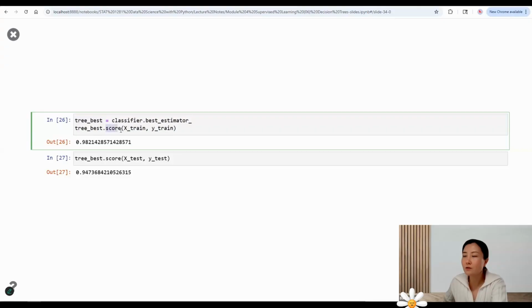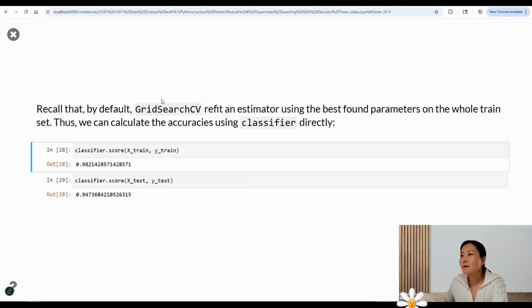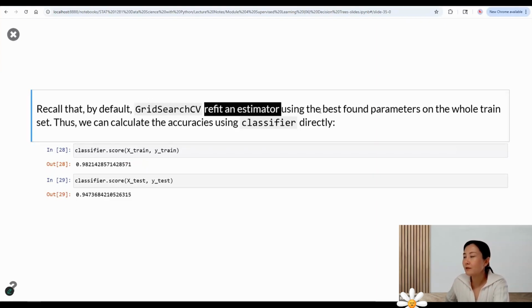And then we can call the score function to calculate the accuracy for the training set and test set. Pretty good. And remember, the GridSearchCV class automatically refits an estimator using the best found parameters on the whole training set.